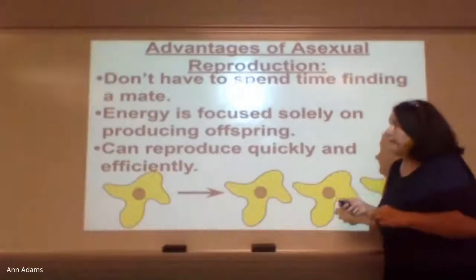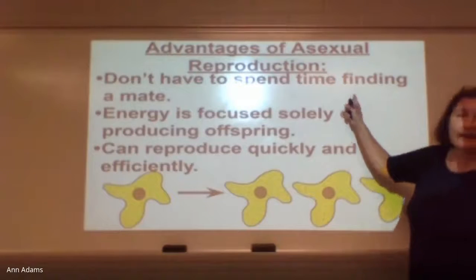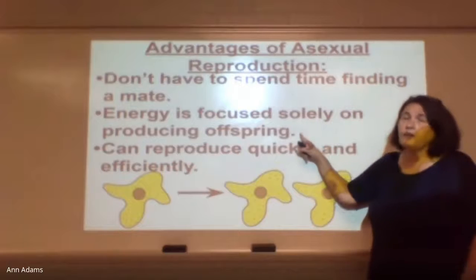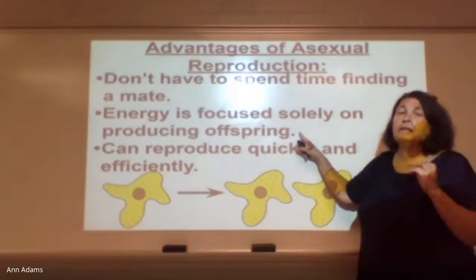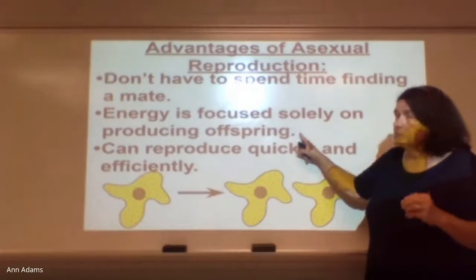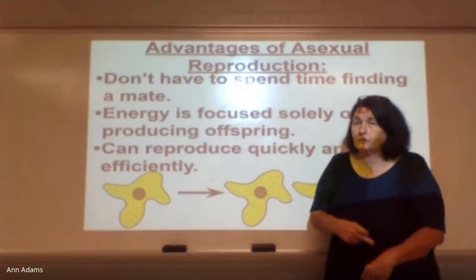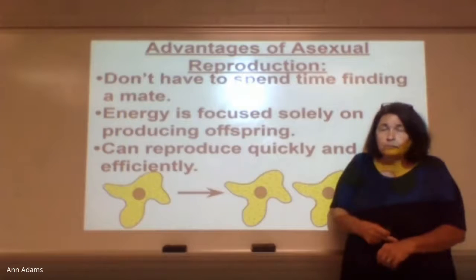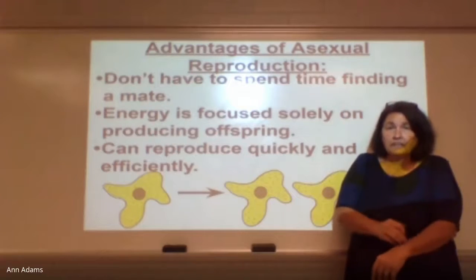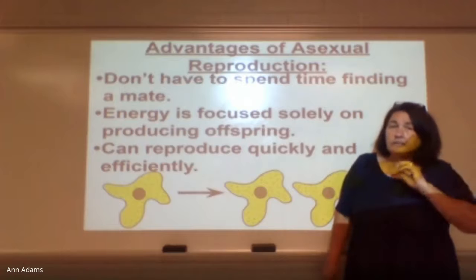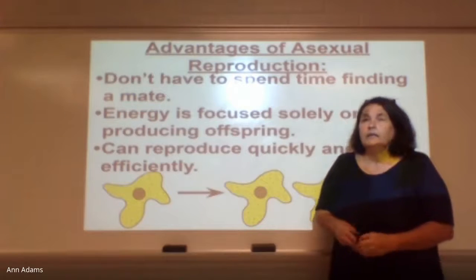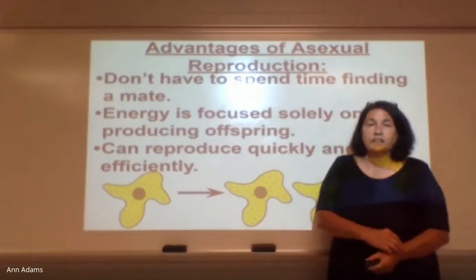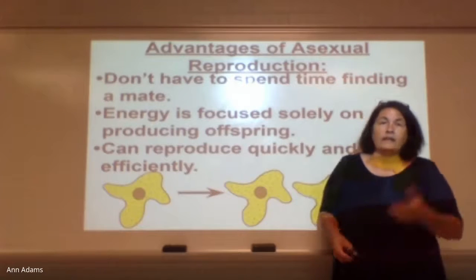All right, the advantages: they do not have to spend time finding a mate. The energy is focused on solely making offspring. Think about your skin cells. Remember we talked about asexual reproduction, our skin cells produce more skin cells, our hair produces more hair cells. Some of you even came up with that you're sure glad your skin cells didn't make like a rabbit or something.